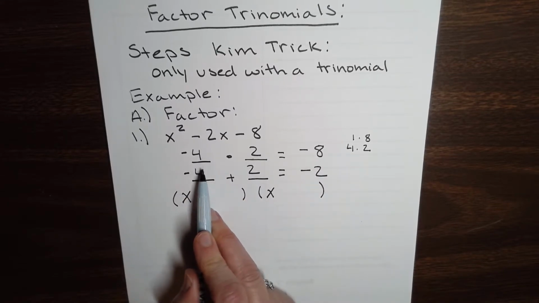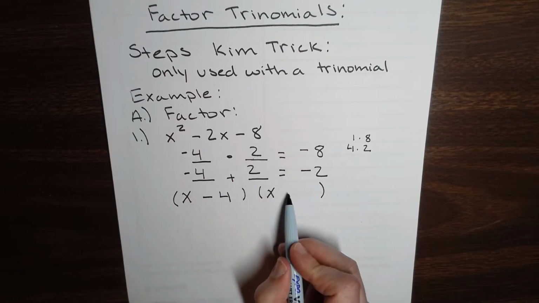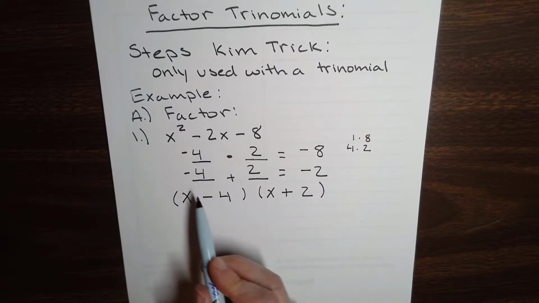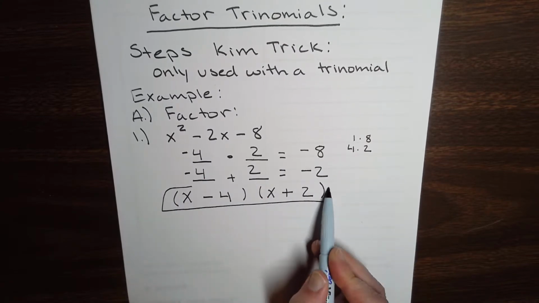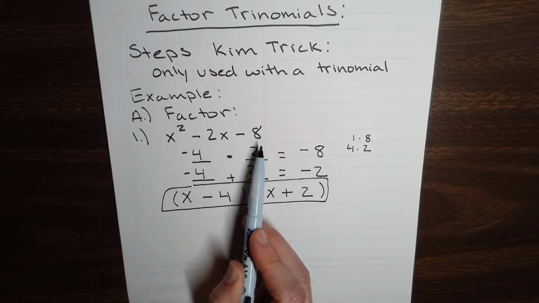Then the number here would be -4 because it's -4, and the 2 would be +2 because it's +2. And these are the factors for x squared minus 2x minus 8.